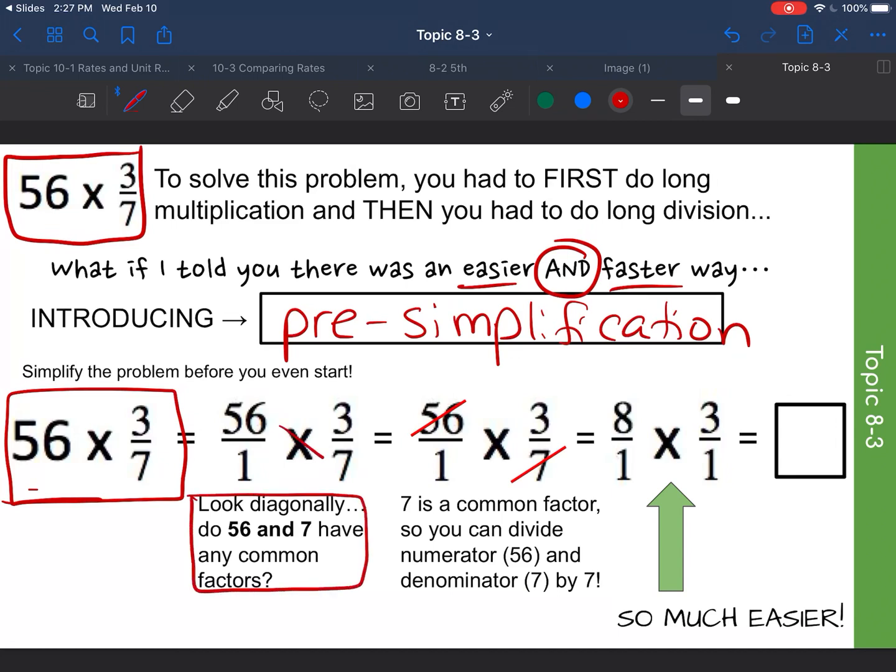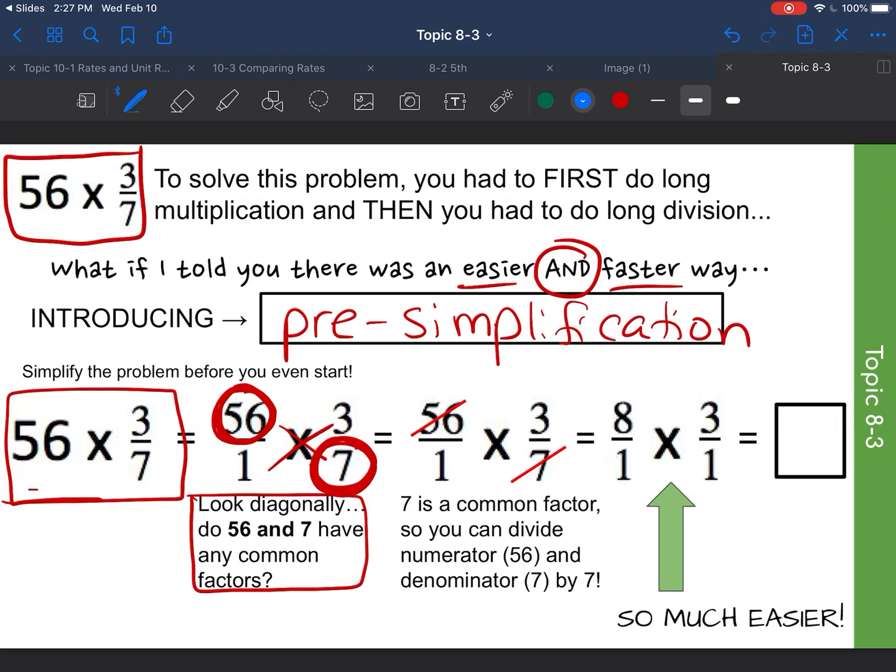So here it says, look diagonally. Do 56 and 7 have any common factors? Yes. So 7 is a common factor, meaning 56 can be divided by 7 and 7 can be divided by 7.